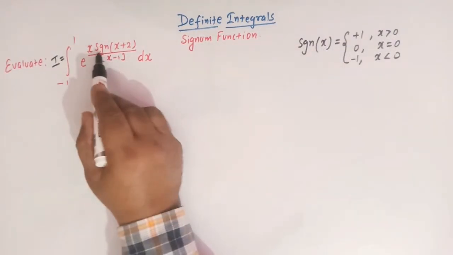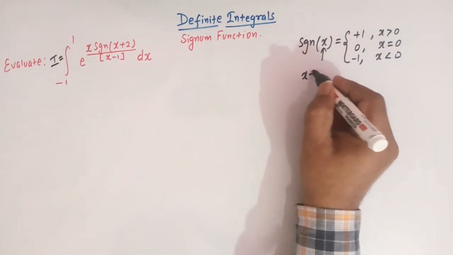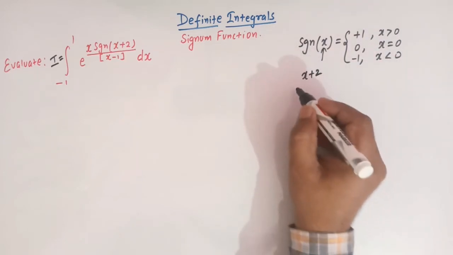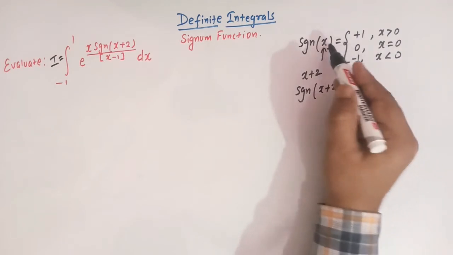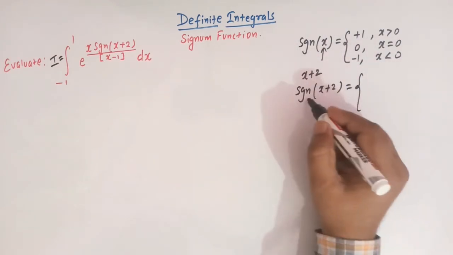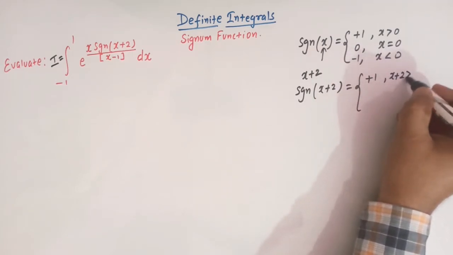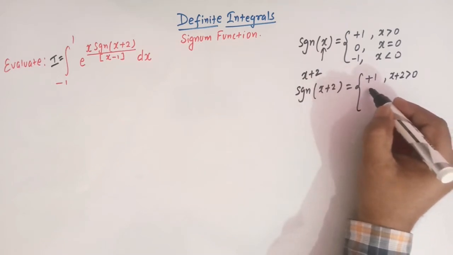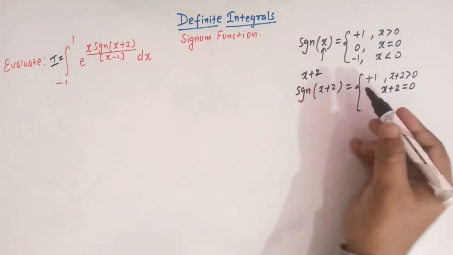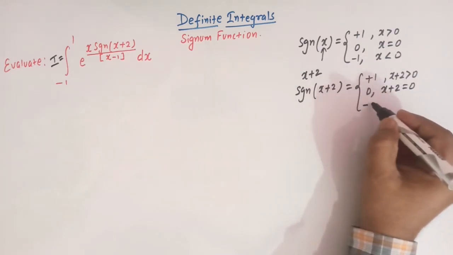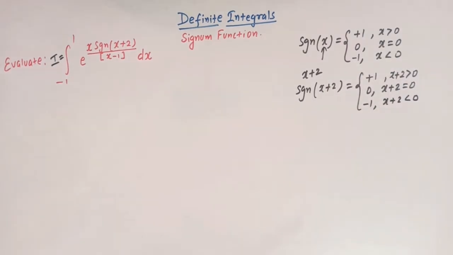So here we have signum of x plus 2, right? We'll replace this x by x plus 2 and see what happens. Signum of x plus 2 is equal to plus 1 whenever x plus 2 is greater than 0, signum of x plus 2 is equal to 0 whenever x plus 2 is equal to 0, and signum of x plus 2 will take the value -1 whenever x plus 2 is less than 0, right?